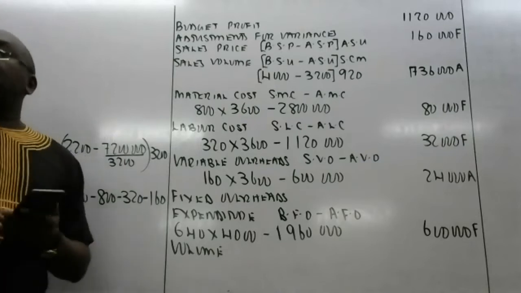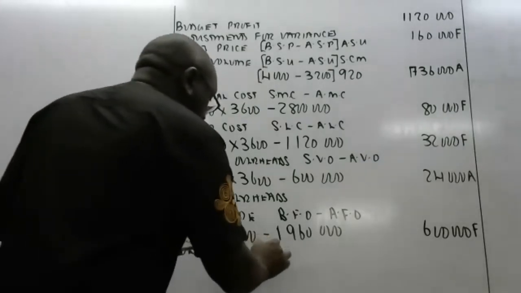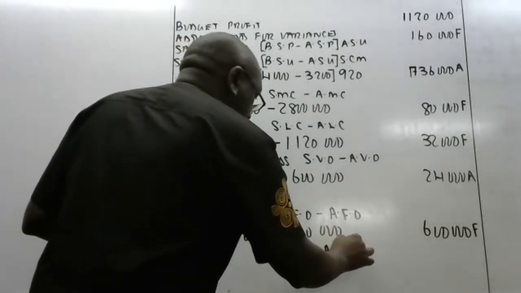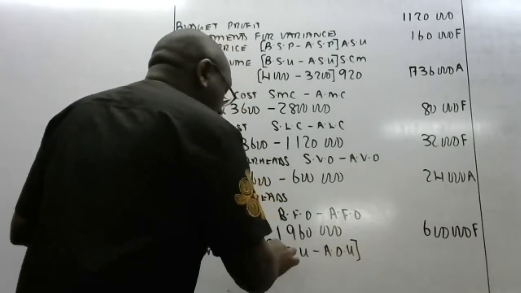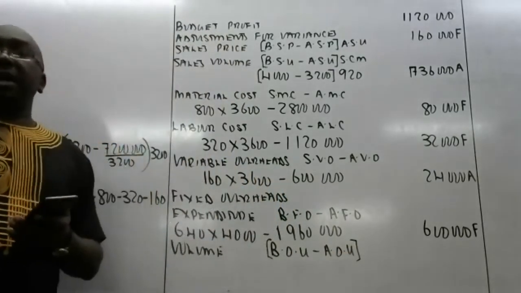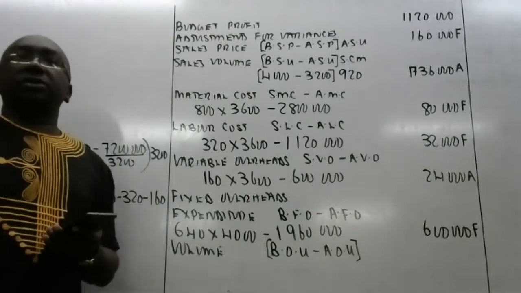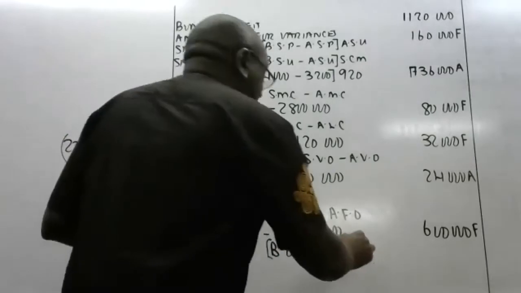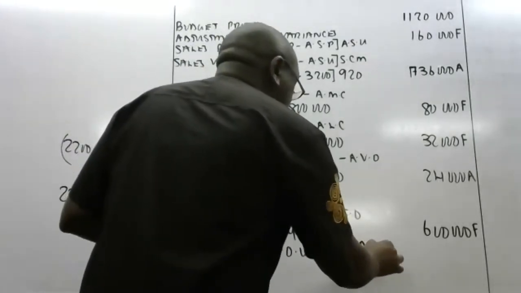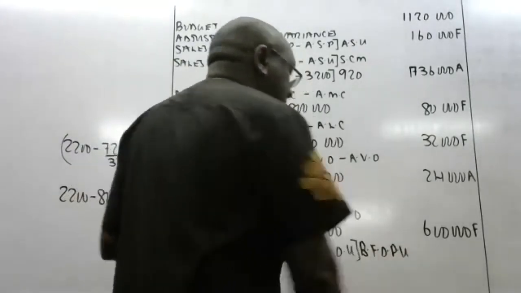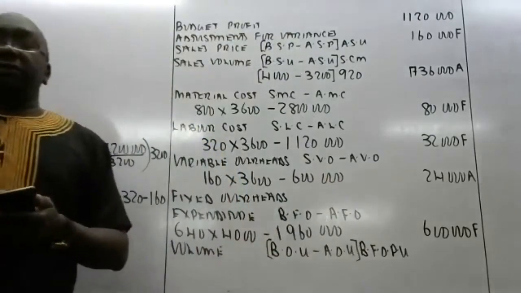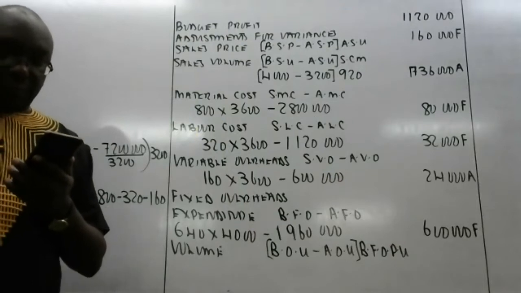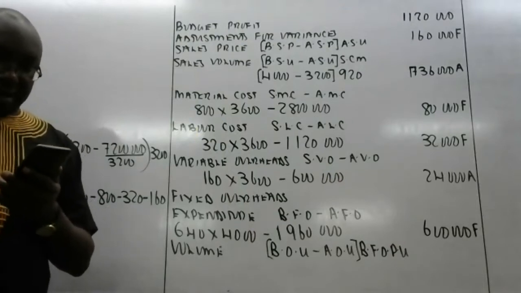Now, volume is computed as budget output units minus actual output units. And this one, you multiply by budget fixed overheads per unit.